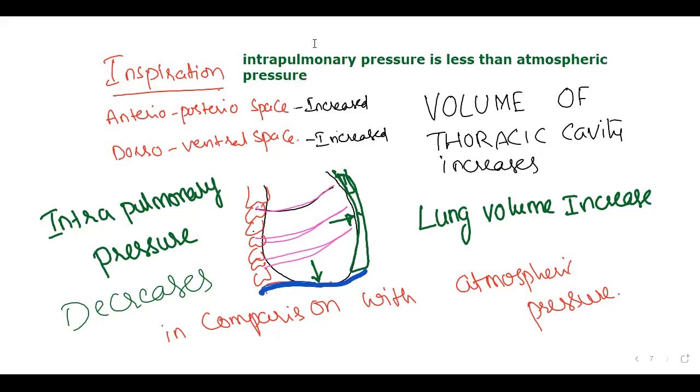I'll give an option. Does air enter from the atmosphere to the lungs, or does air go out from the lungs to the atmosphere? When intrapulmonary pressure is less than the atmospheric pressure, air enters into the lungs.